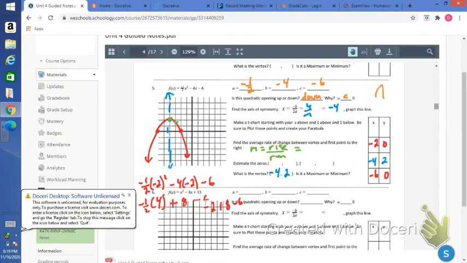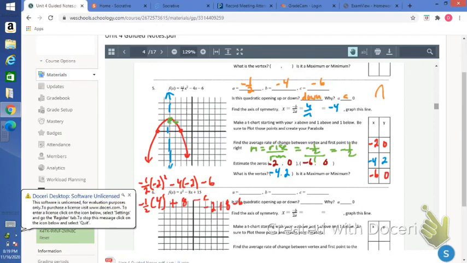I'm going to be going down a half, so negative 1/2 is the rise, and then I go over 1, so negative 1/2 is your A. Your zeros, we already found those, so negative 2 comma 0 and negative 6 comma 0.